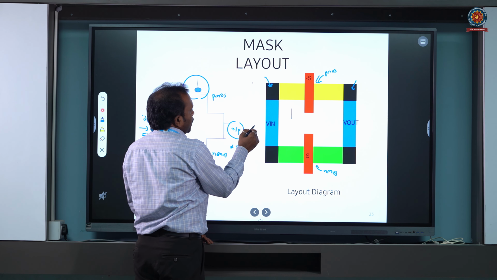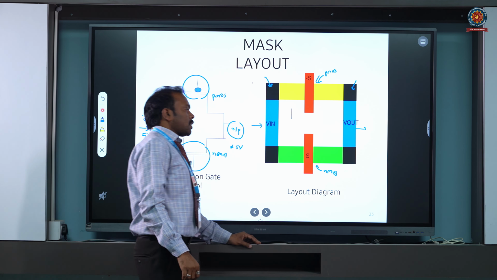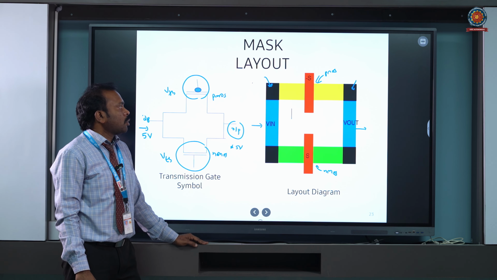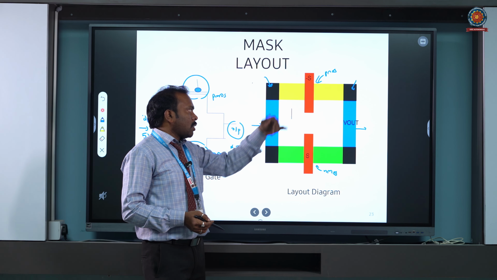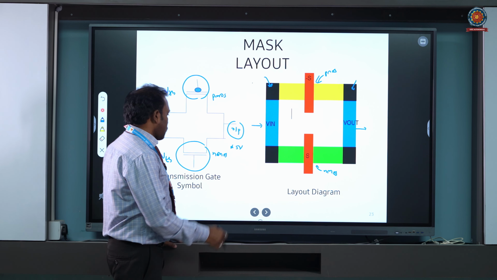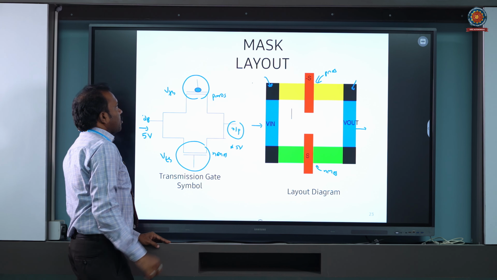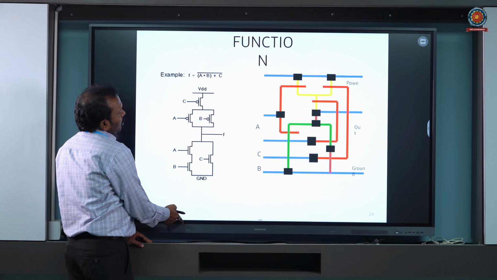Here we apply the input, and we take the output from this. As I said, the blue colors are used to make the contacts between the diffusion layers, that is P diffusion as well as N diffusion layers. Now this is one example of the stick diagram as well as the layout. Let us go for one more example.